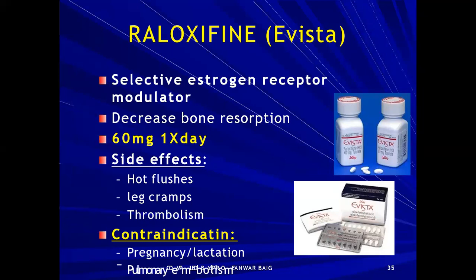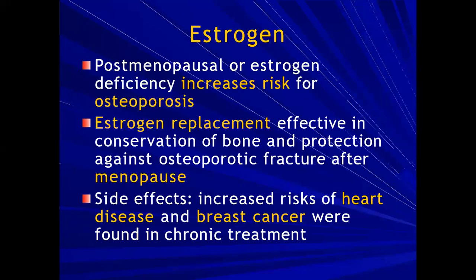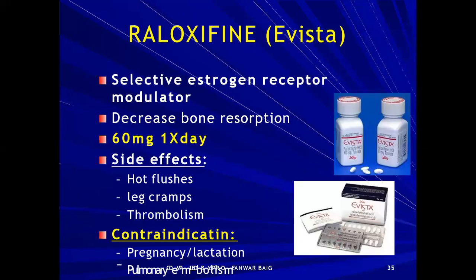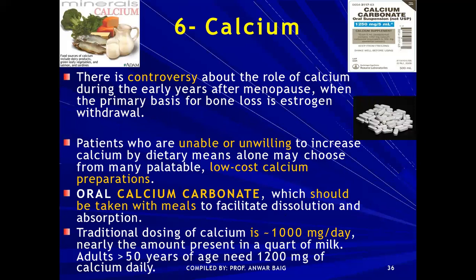That is an example of an estrogen-like molecule. Then we have calcium. Calcium is found in the diet. There is a controversy about the role of calcium during the early years after menopause, when the primary basis of bone loss is estrogen withdrawal.